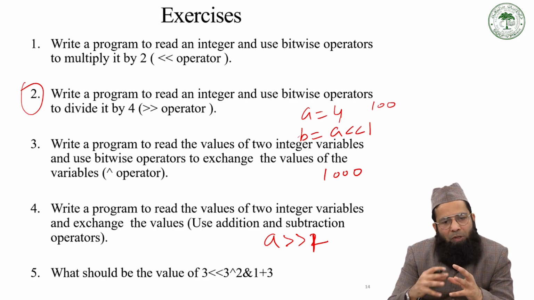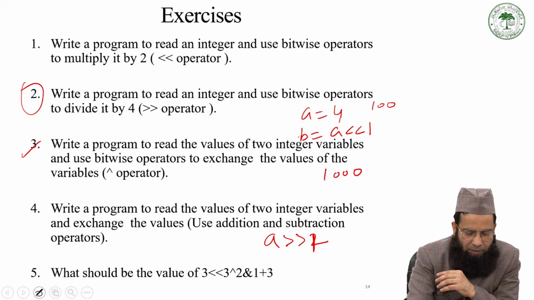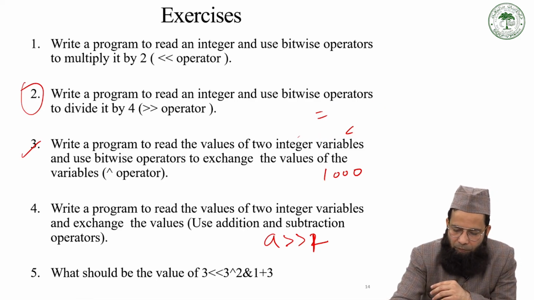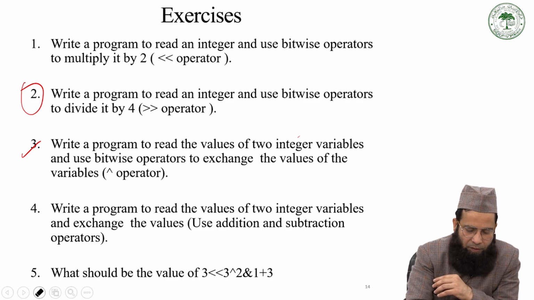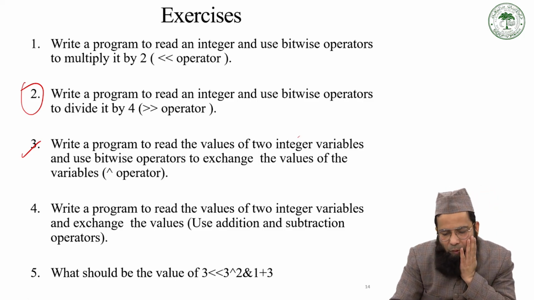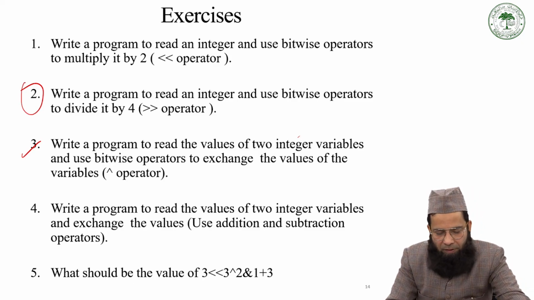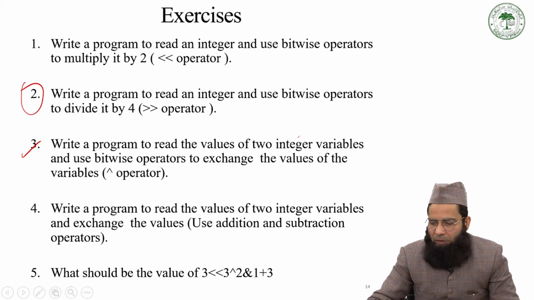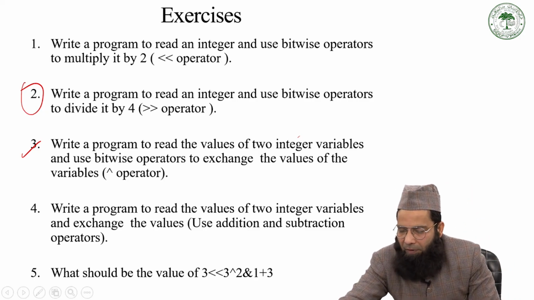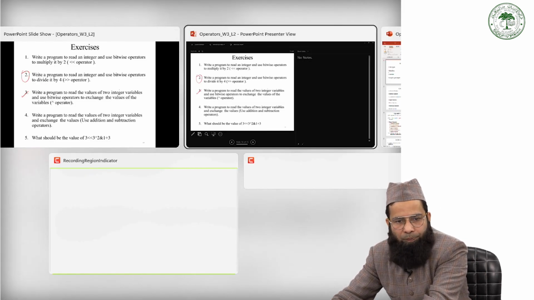Now write a program to read the value of, let me erase all these. Question number 3 says write a program to read the values of 2 integer variables and use bitwise operators to exchange the values of the variables. Let me write Python code for this particular problem.